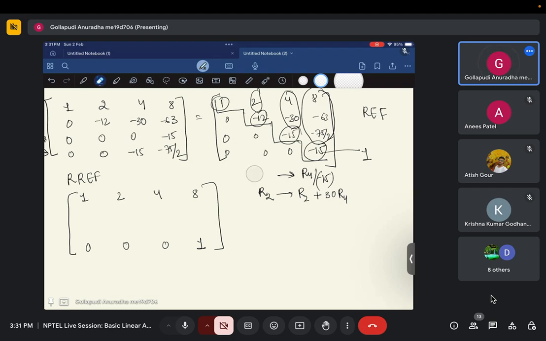So we'll make row 4 as row 4 by minus 15.